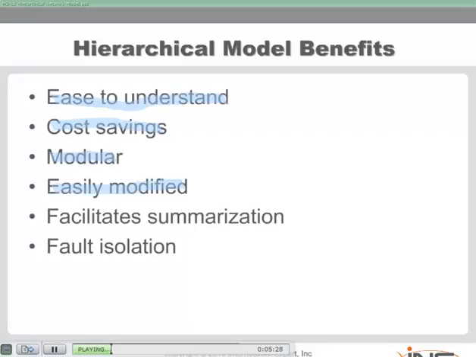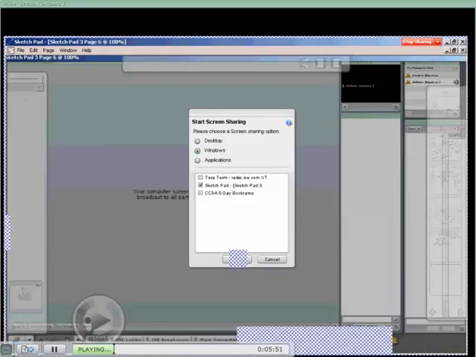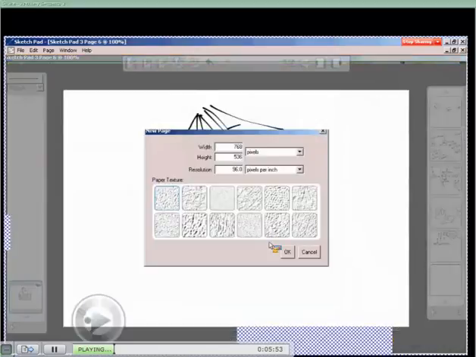And in pure networking terminology, this hierarchical three-layer model that we're going to see facilitates and encourages the use of summarization, and also makes it easier to track down faults in the network. Now, summarization is really something that we're going to strive for throughout our designs.